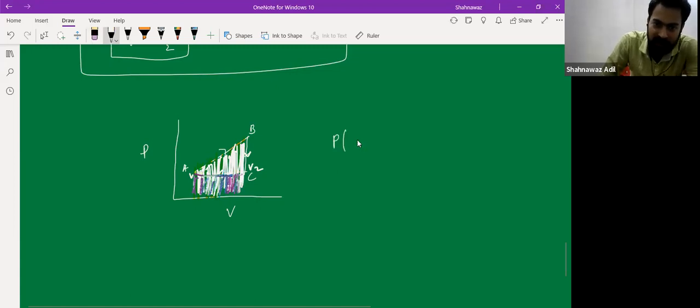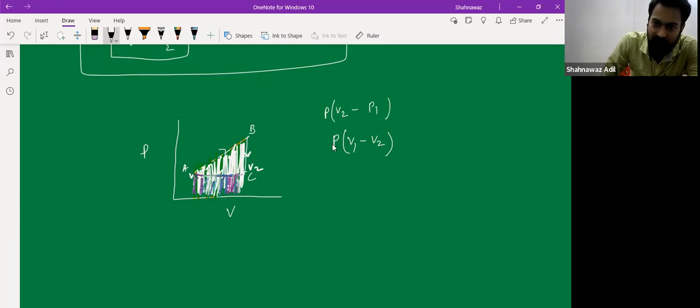And what is the final volume here for path BC? So final volume is V1 and the initial volume was V2, right? But for the path AB, the final volume was V2 and the initial was V1.